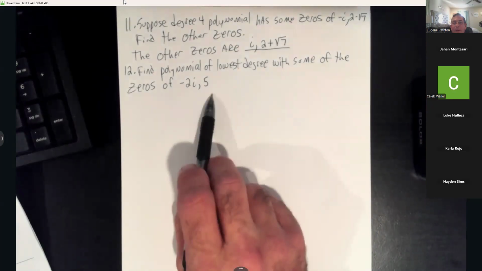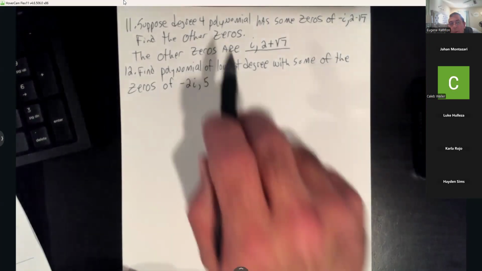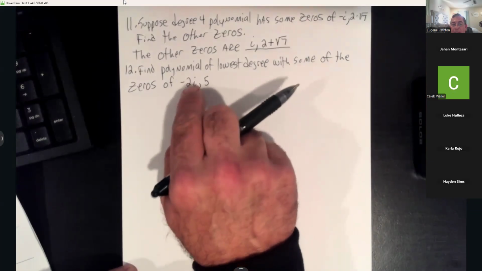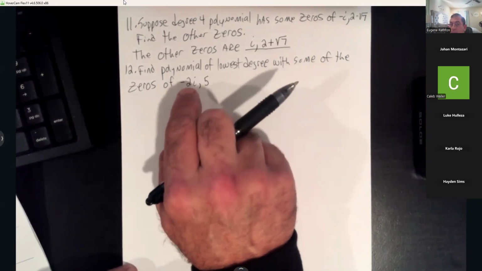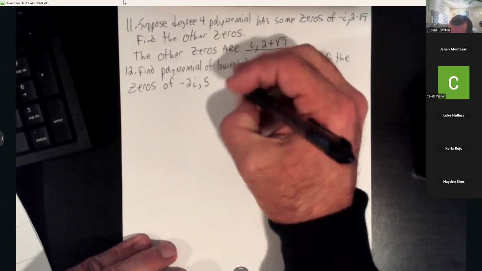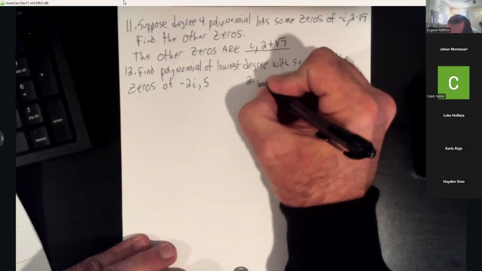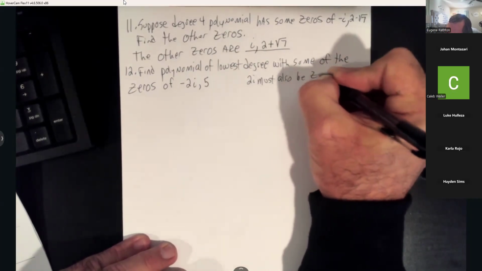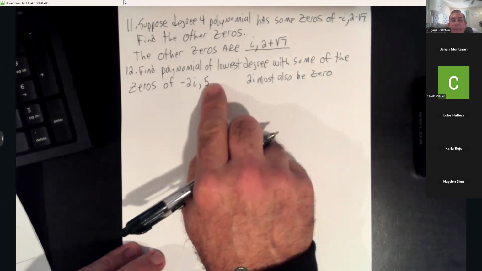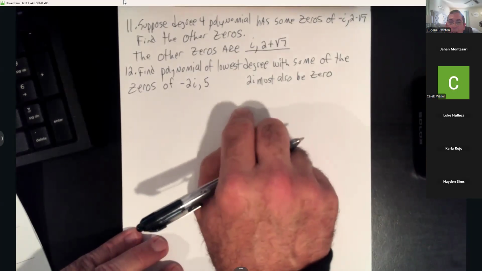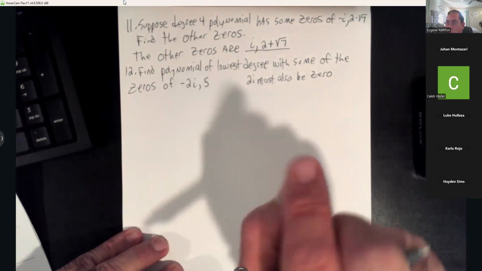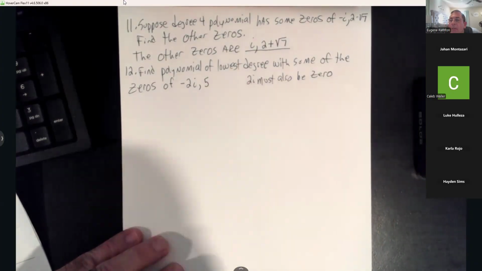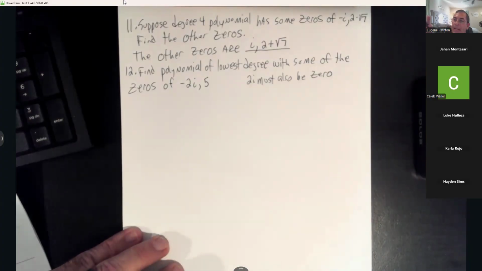So they gave me some of the zeros. But y'all, based on number 11, we know this is not all the zeros because that's imaginary. So its conjugate must also be a 0. So that means 2i must also be a 0. Now, we don't have anything saying that regular numbers come in conjugates, only the imaginary or the square roots, okay? So that means I'm going to have 3 zeros. So when I'm done, my highest exponent has to be a 3.